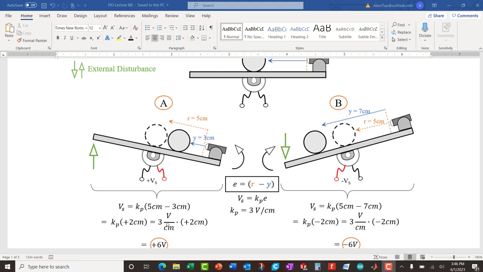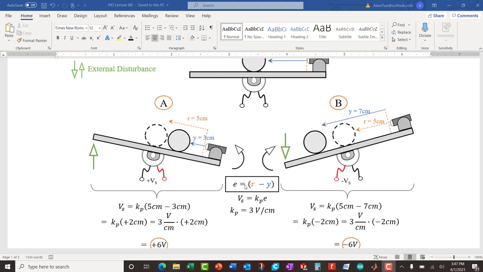So taking that gain, which is a constant, and multiplying by the error signal, which changes, for case A gives 6 volts. So 6 volts are applied to the motor counterclockwise, and that will spin counterclockwise. Essentially what that does, it wants to bring the ball back. Okay, it's rolling downhill towards the right. By going counterclockwise, I bring it back to the center.